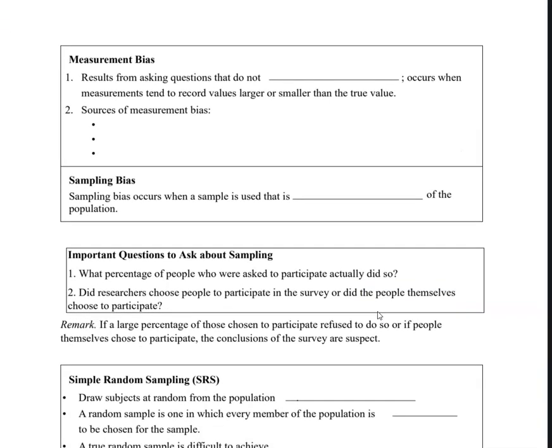What is a measurement bias? So results that come from asking questions that do not produce accurate responses. So when there's something about the question, usually that's what causes a measurement bias.